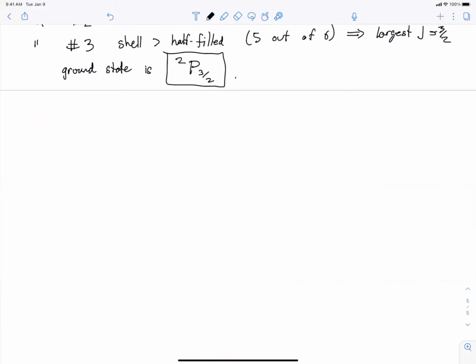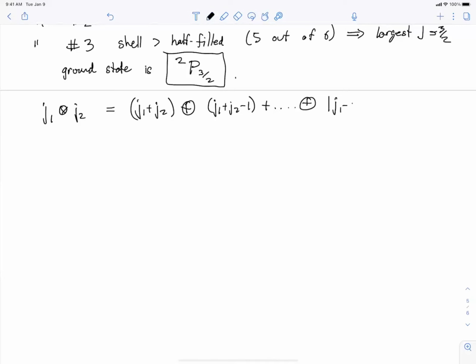If you were doing J1 tensor product J2, the one that would be the largest is the sum. And then you would go to J1 plus J2 minus 1. And then you would keep going. And then the smallest one would be the absolute value of the difference.